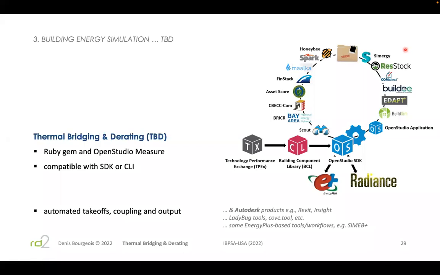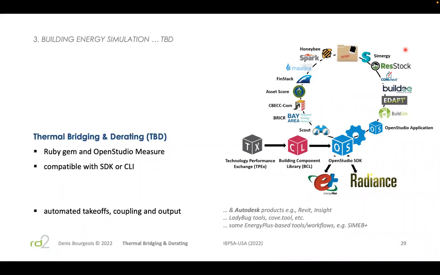They all rely on the OpenStudio SDK, all the packages that you see on screen, as well as a number of Autodesk products that I've mentioned, Ladybug Tools, Cove Tool, and a number of EnergyPlus-based workflows. It is still possible and fairly straightforward to use an OpenStudio measure with the CLI to alter the EnergyPlus geometry with thermal bridging. I can go into a bit more detail on that if you have any questions.